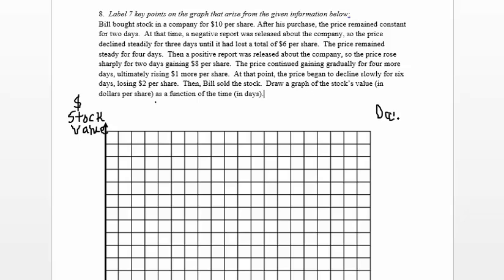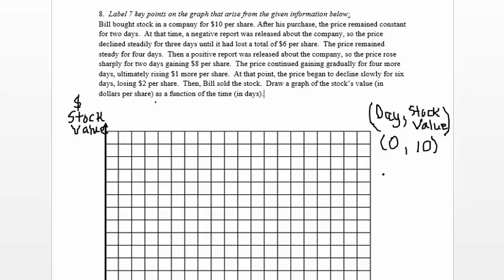Each point is going to consist of a first coordinate, which is the day that we're on, and a second coordinate, which is the stock value. So the day that the stock is purchased is day 0. The value at which the stock was purchased is $10.